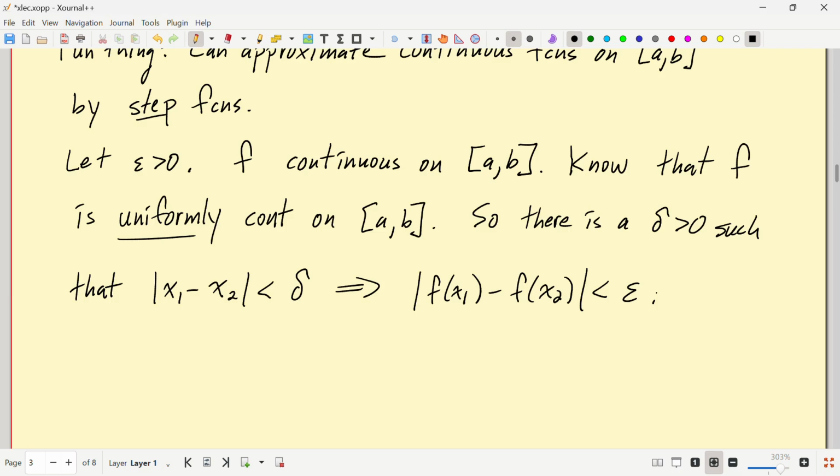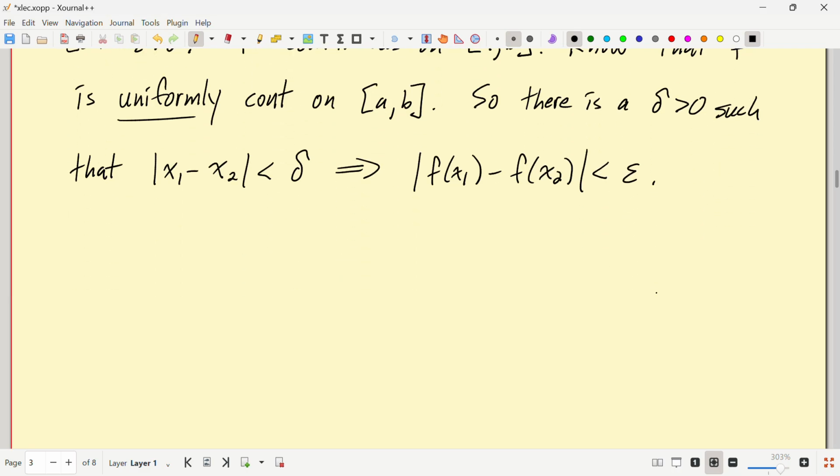And now, think about partitioning the interval [a, b] into little segments of length less than delta. I want to cut up the interval [a, b] into segments of size less than delta.